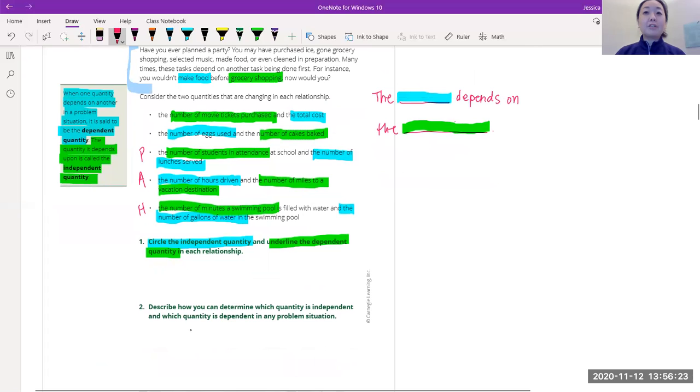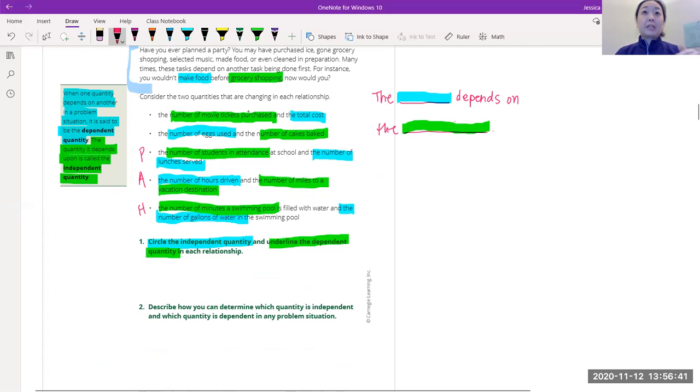So, describe how you can determine which is which. One person said this in class: the independent is the thing that stays the same. It's constant, I would like to say. It is changing at its own pace, and we don't have any control over that.